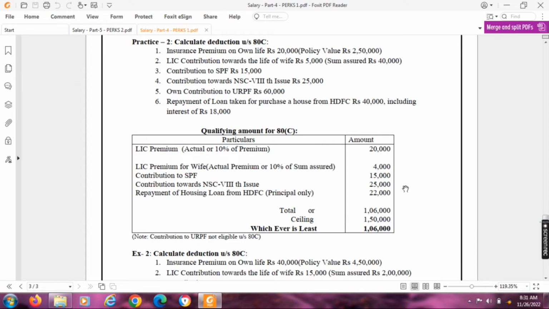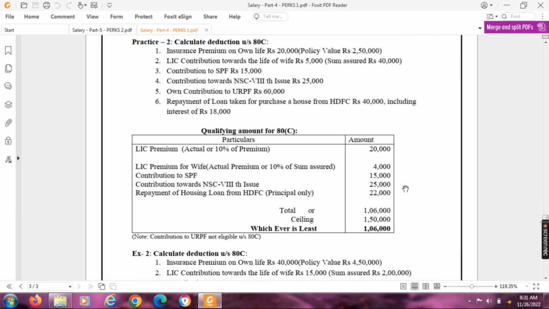Contribution to SPF, fully qualified. Contribution towards NSC 8th issue, also fully qualified. Repayment of loan taken from HDFC, principal amount only is qualified. So the total 1,06,000 or ceiling amount 1,50,000, whichever is the least, 1,06,000 is the only qualifying amount for 80C.